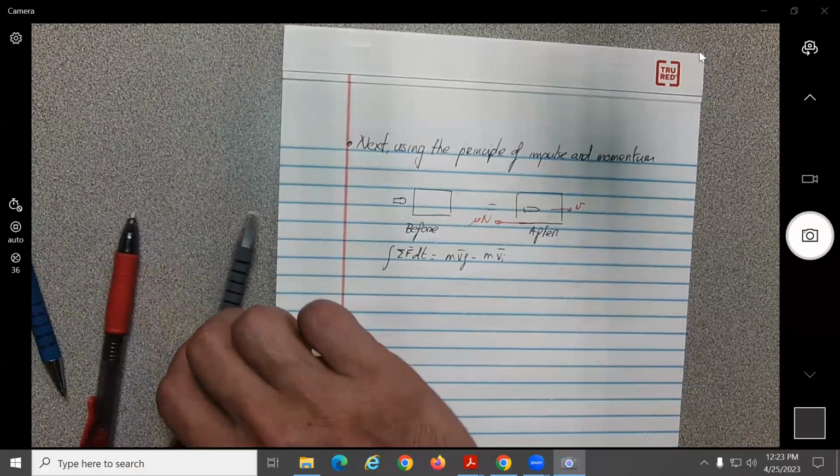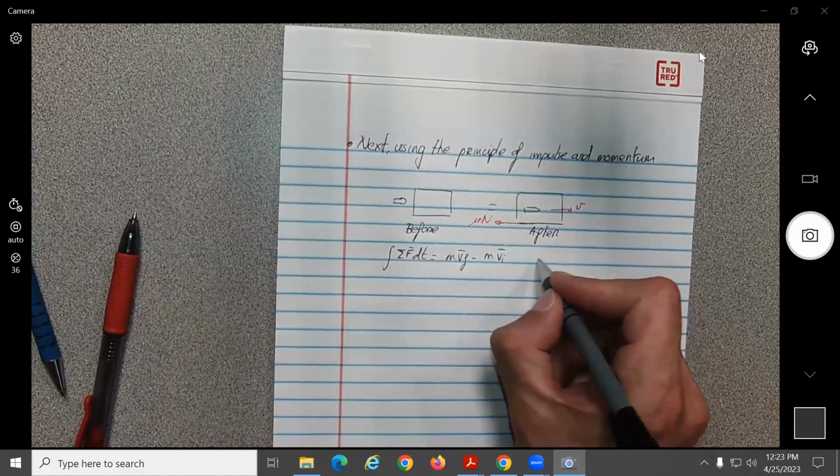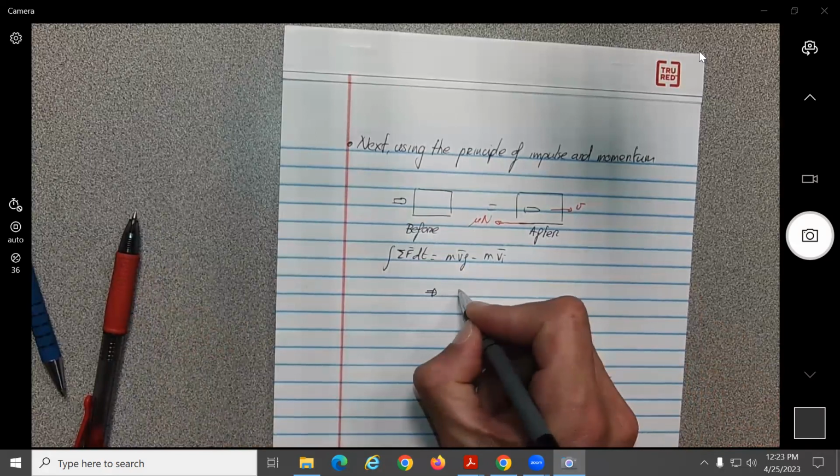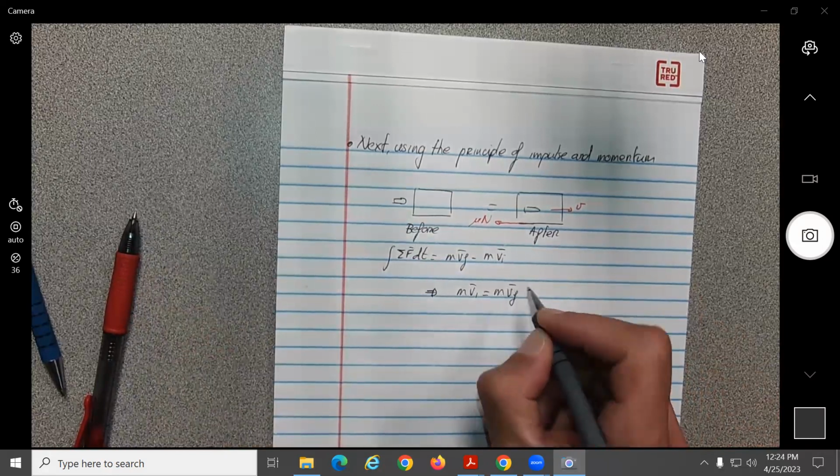Okay, sorry, I know I didn't do a good job solving this problem. So basically what happened is that out of this equation, you're just going to get mv initial equal to mv final.